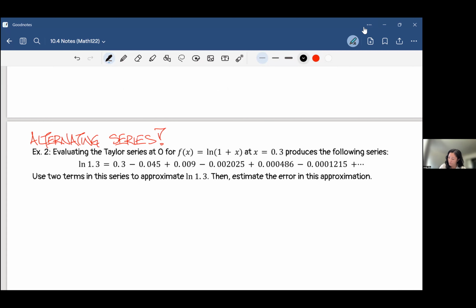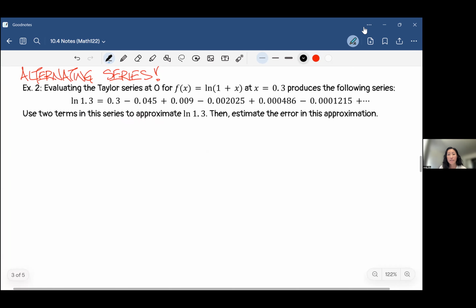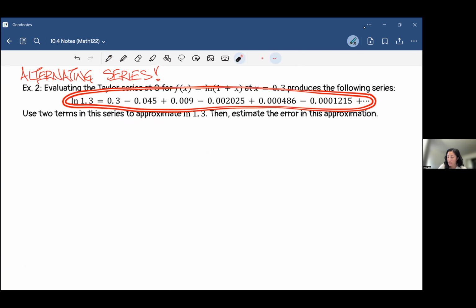Okay, so let's take a look. Example 2 says, evaluating the Taylor series at 0 for f of x equals ln of 1 plus x at x equals 0.3 produces the following series. And you can see that they're actually just giving us the series. So 0.3, 0.045, 0.009, etc. I can see that the first term is positive, the second one is negative, then positive, then negative.